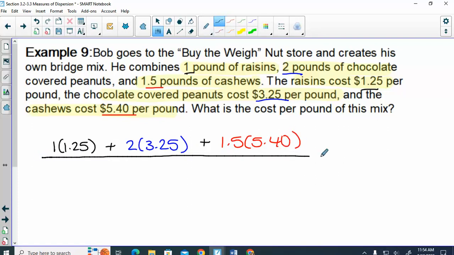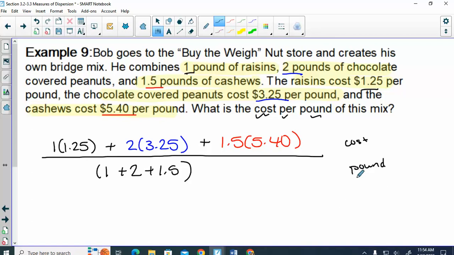Sometimes the hardest part for people is figuring out what to divide by, so here's a little trick. We're finding the cost per pound. That means the top of this fraction should be the cost, the bottom should be the pounds. So my bottom is the total number of pounds that we purchased. So we had 1 of raisins, 2 of chocolate, and 1.5 of cashews. Does that make sense to me? Okay.